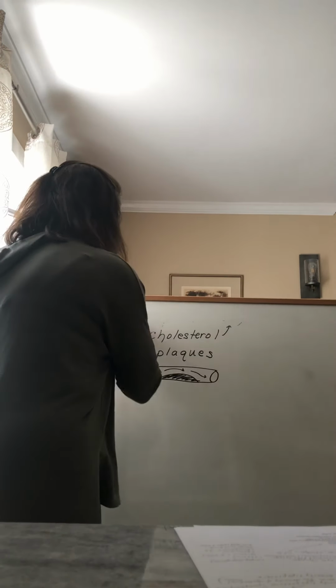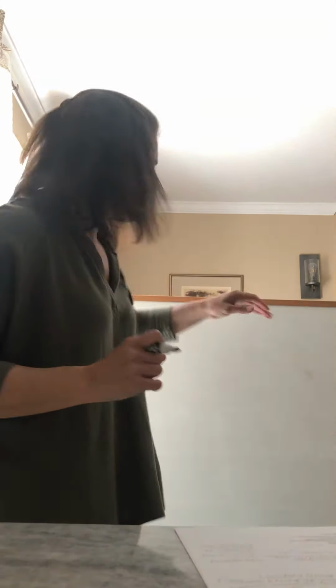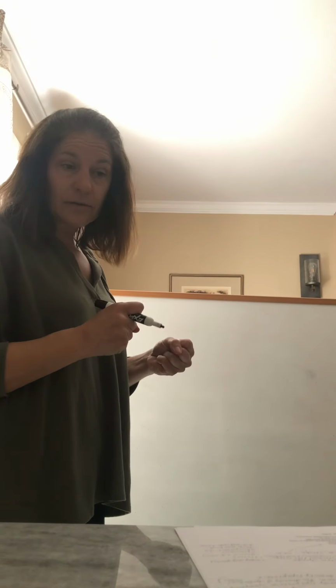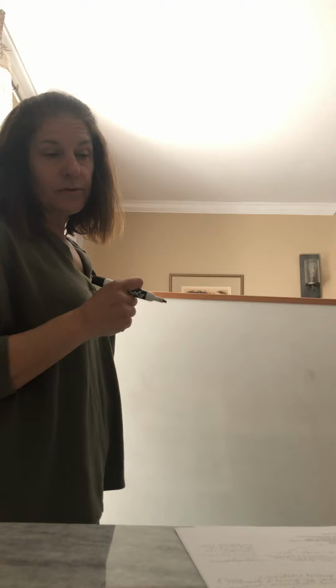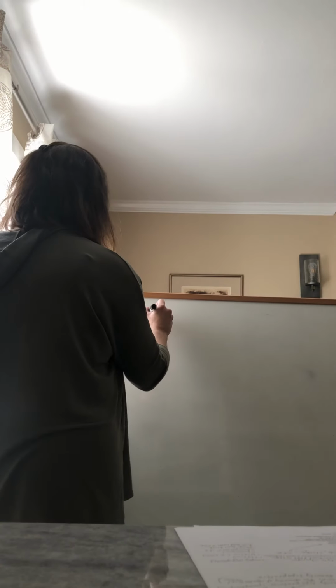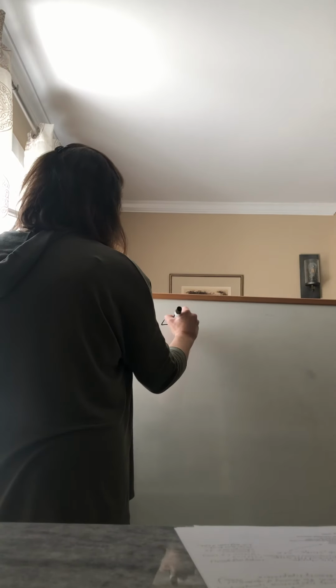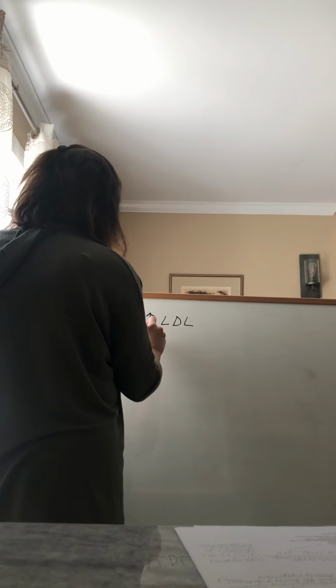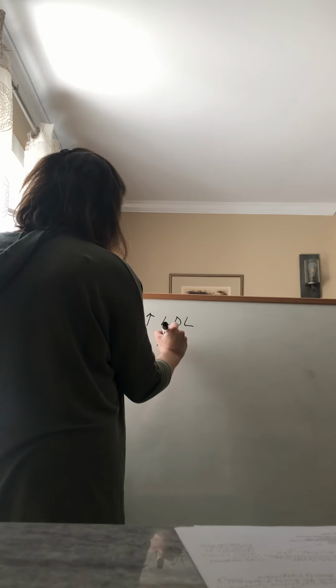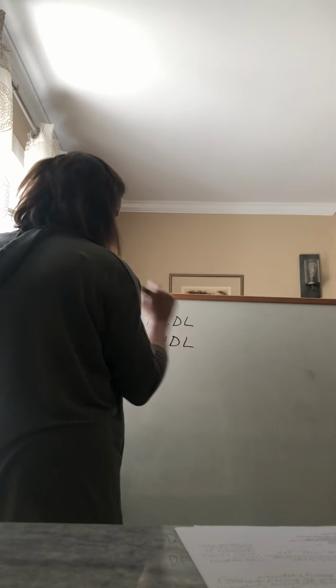Okay. So some of the risk factors that are associated with atherosclerosis would be things like age and smoking and hypertension. But some of the other risk factors associated with developing atherosclerosis are an increase in LDL and a decrease in HDL.